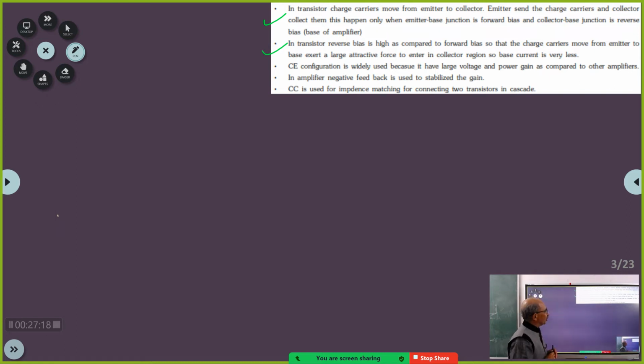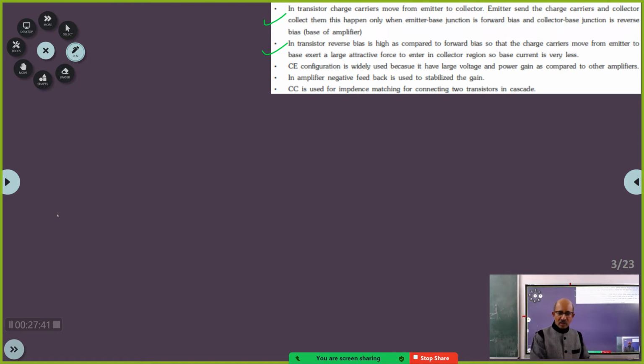CE configuration is widely used because it has large voltage gain and power gain as compared to other amplifiers. That is just what they have written, but actually it is not necessary to put it like this. It depends upon the situation. Because a particular design requires the CB configuration, you go for CB.